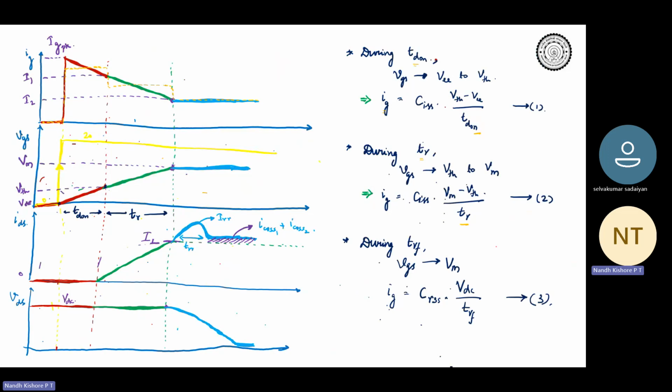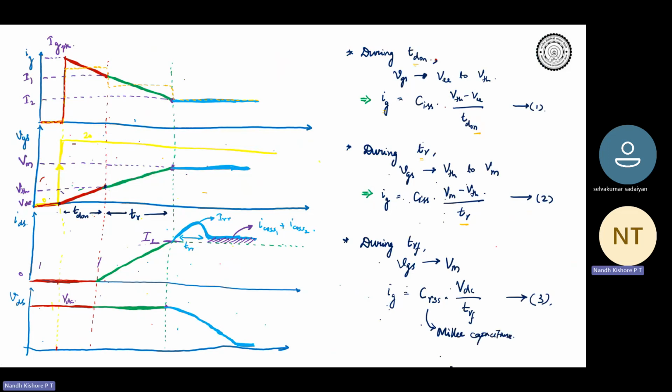Okay. You observe that during the first two intervals, TD on and TR, CISS, the input capacitance, is coming into play. But during the voltage fall period, CRSS, the reverse transfer capacitance, is coming into play. Reverse transfer capacitance is also known as Miller capacitance.